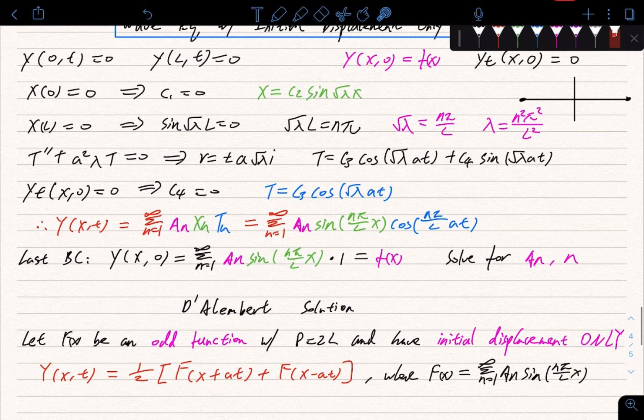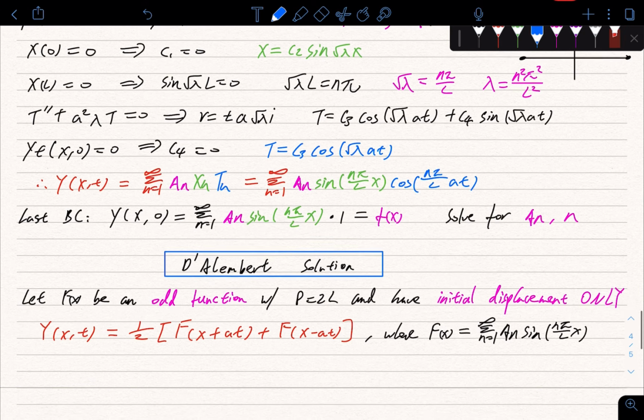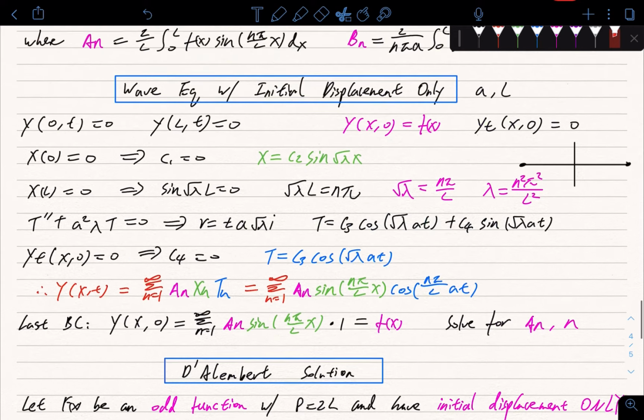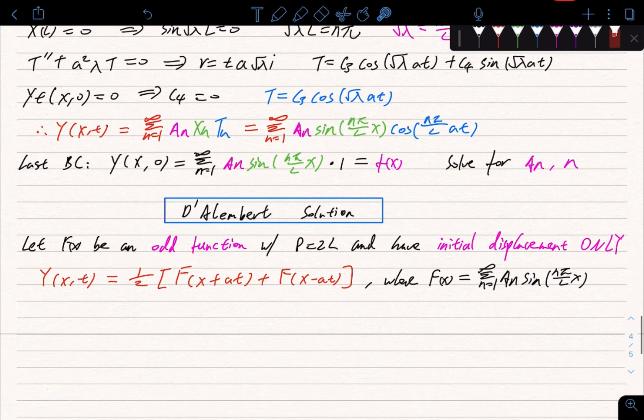So if you know the pattern of initial displacement for the function that you're trying to solve, you can just find the value of x plus at and x minus at, and a is the same a as you know how to solve them right here. So let's just do an example.